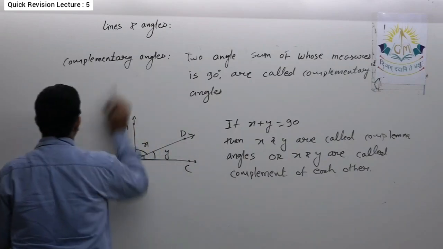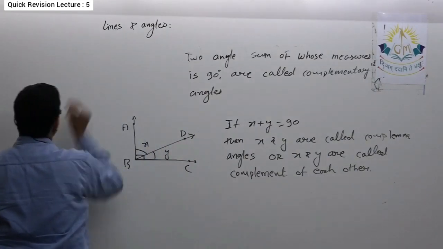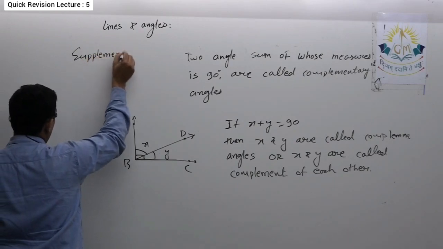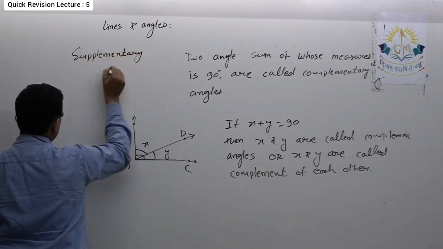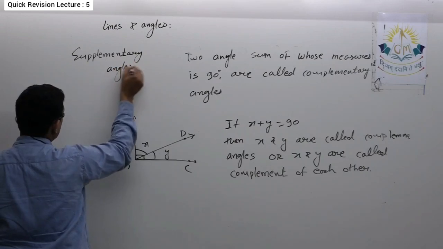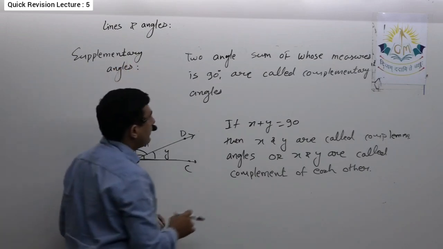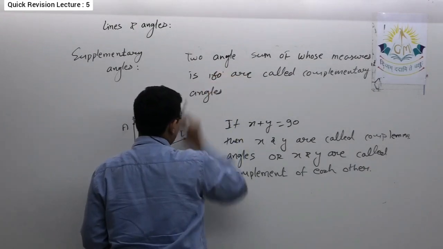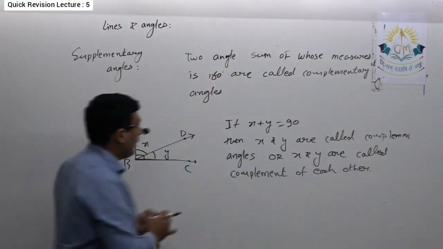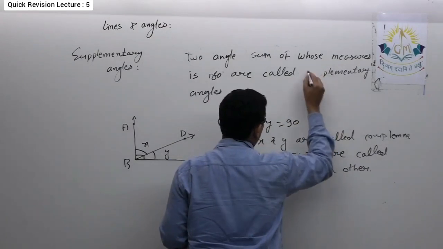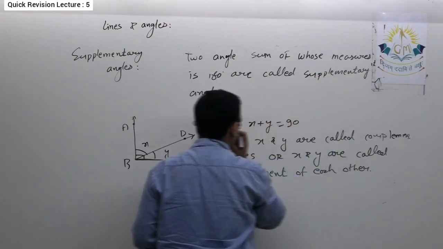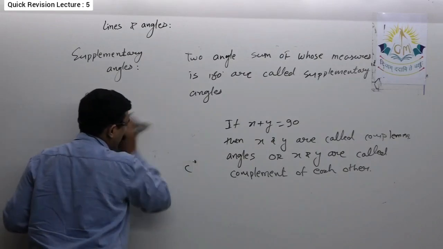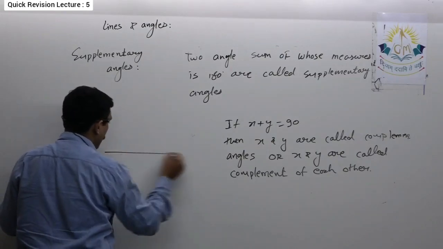Now, after complementary angles, next is supplementary angles. Two angles, sum of whose measures is 180 degrees, are called supplementary angles.